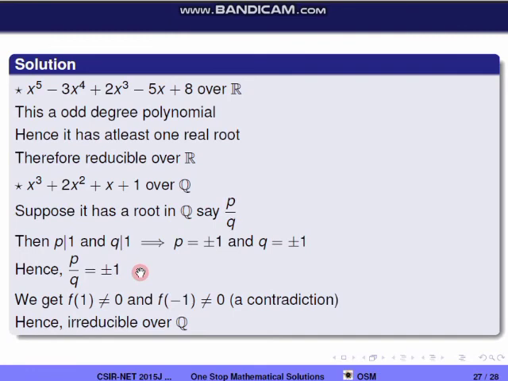So we have to get f of 1 and f of minus 1 to be 0. But we are getting f of 1 not equal to 0 and f of minus 1 not equal to 0. So this is a contradiction. Therefore, this polynomial has no rational roots. Hence, it is irreducible over Q. So the second option is correct.